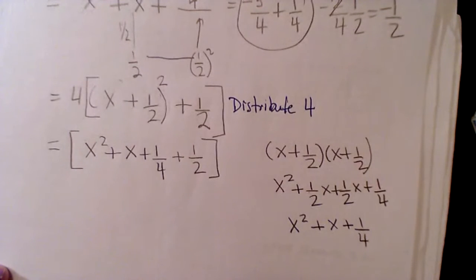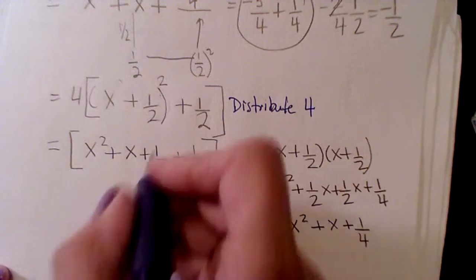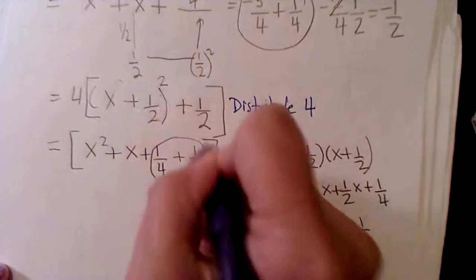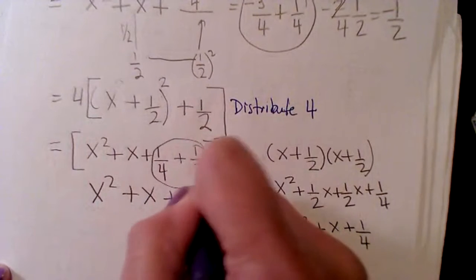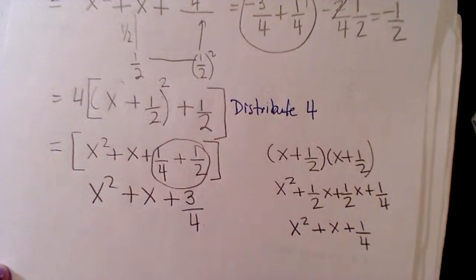Seems like I'm going in circles. Yep, because right here, what do we get from here? x squared plus x plus 3 divided by 4.